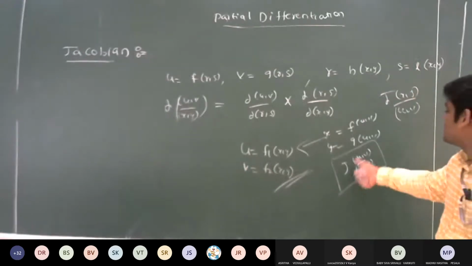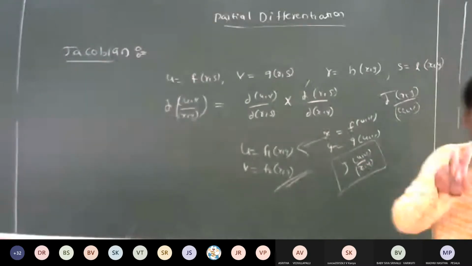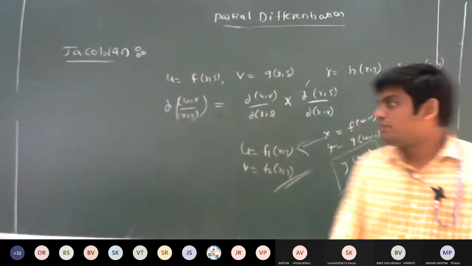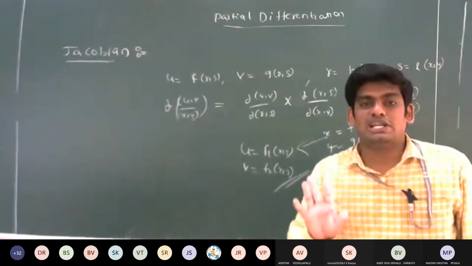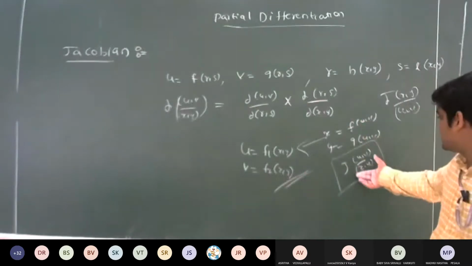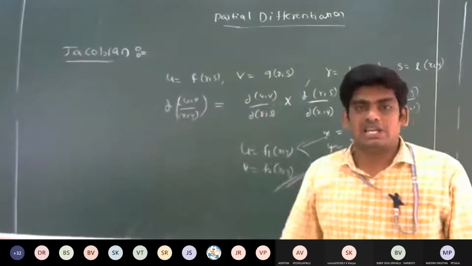But if they ask you the other value, then there are two ways. One is, first calculate this value and use property number 1, J into J dash is equal to 1. So this is nothing but J dash. In that way you can calculate the J dash value.